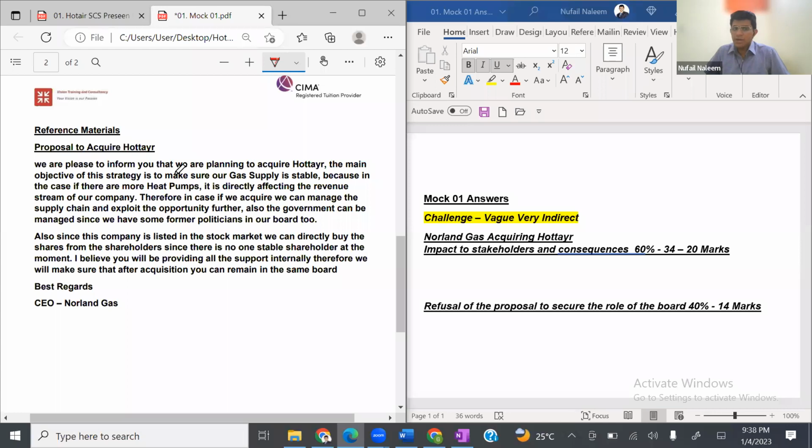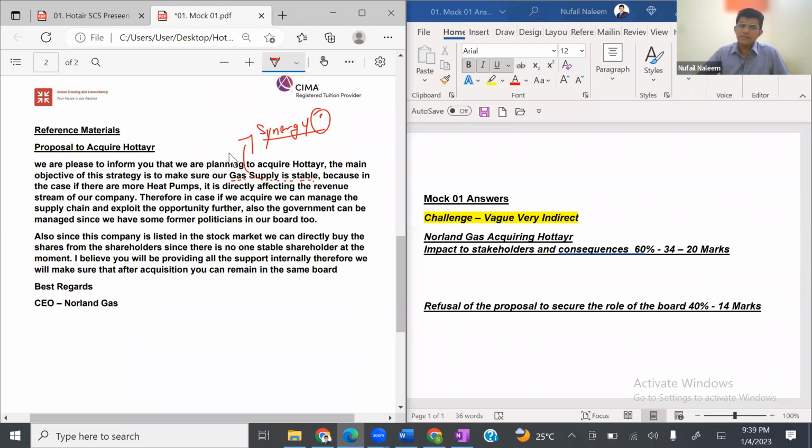Proposal to acquire Hottayr. We are pleased to inform you that we are planning to acquire Hottayr. The main objective of this strategy is to make sure the gas supply is stable. So they are very, very direct. Their objective is not growth or anything. Their indirect objective is synergy, because they want to make sure their gas is getting sold in the market.